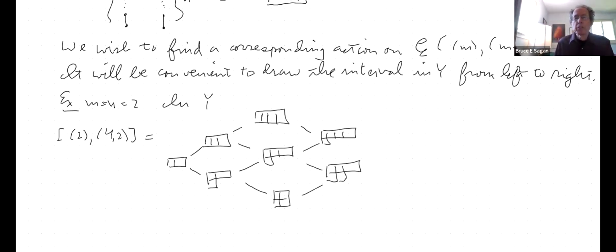What are my options from this one? There's only one. I have everything I need in the first row, and I can only add one element to the second row. That gets me to my final partition. Everybody see how this was constructed? Great.